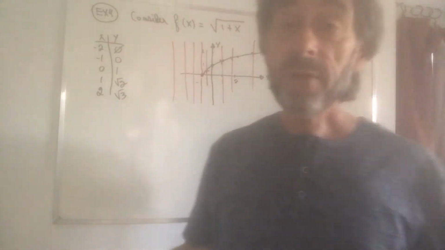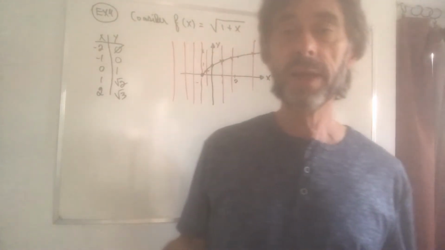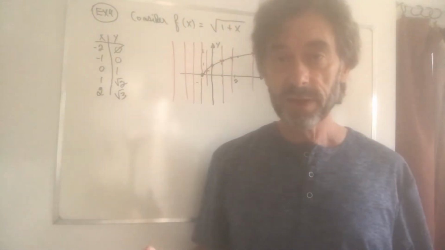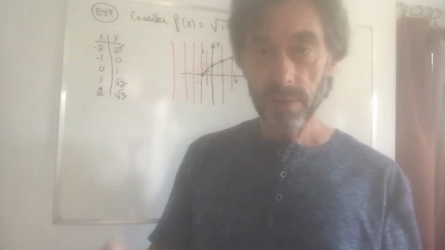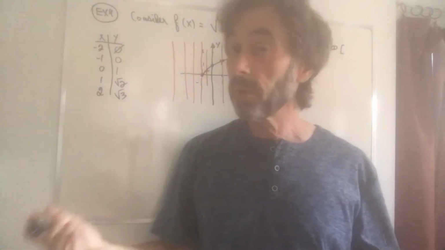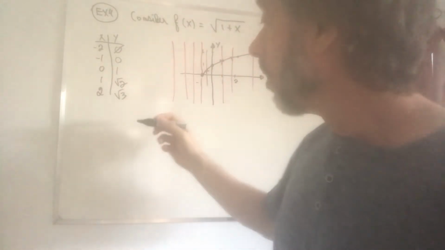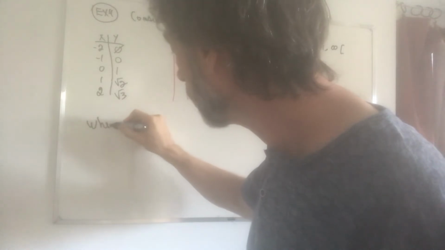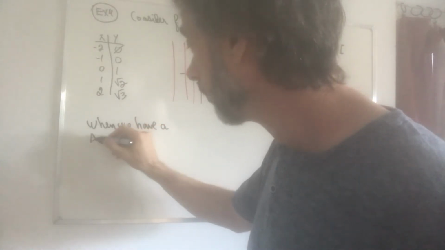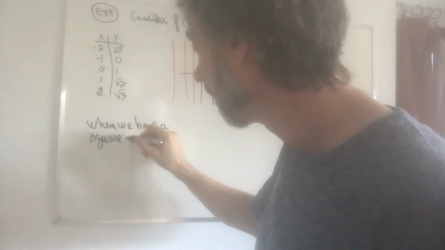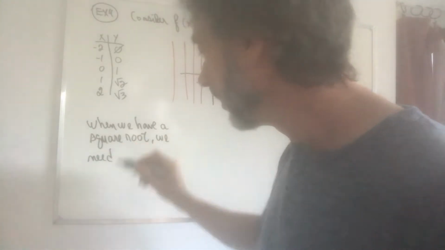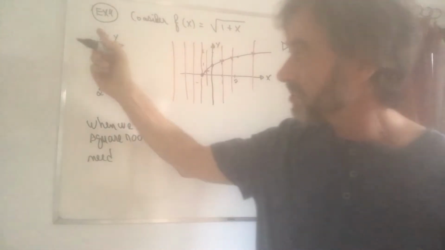Good. Now, what if I don't want to draw the graph? What if I want to be analytical about this? I can see that I have a square root in this function. Now what do we know? Square roots cannot be negative, as we have shown here. When you plug in -2, 1 plus -2 is -1, and the root of -1 does not exist. We all know that. So basically, when we have a square root, what do we need for things to work in terms of x values?